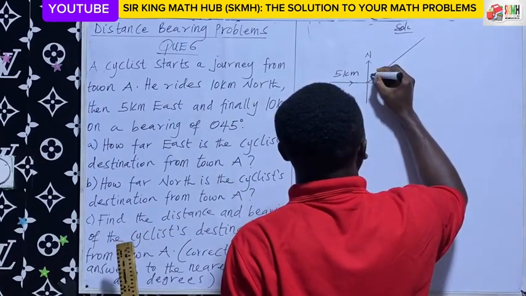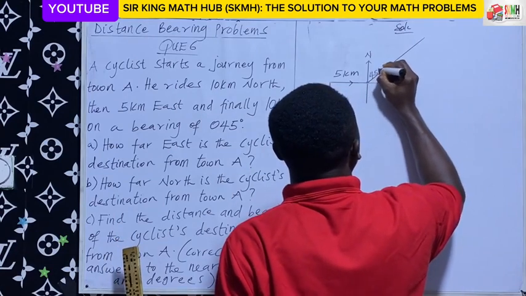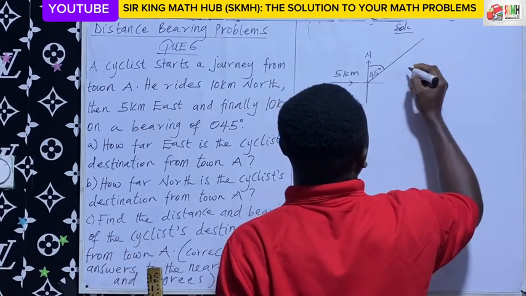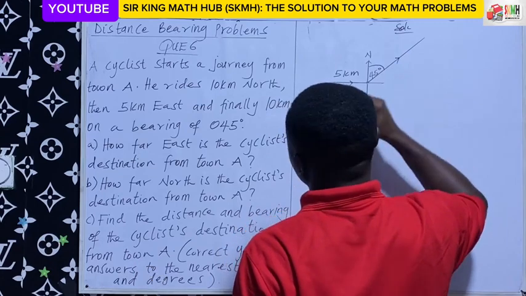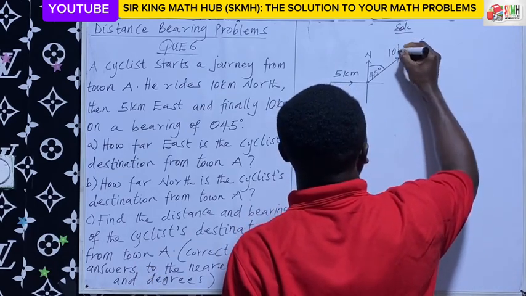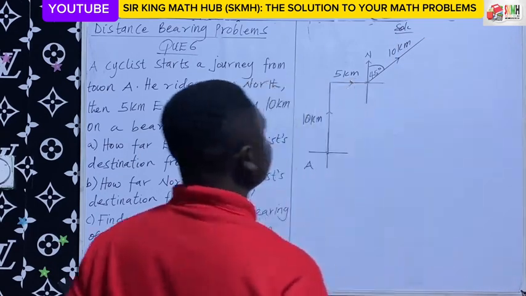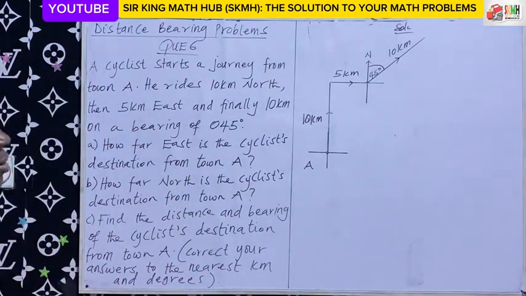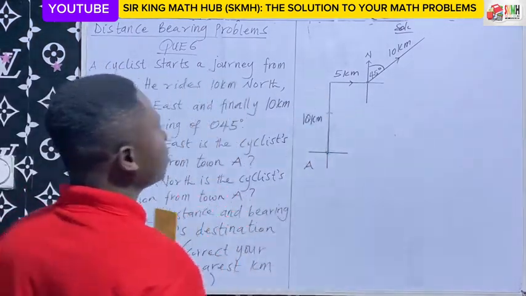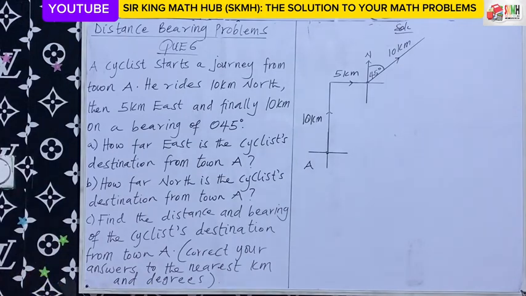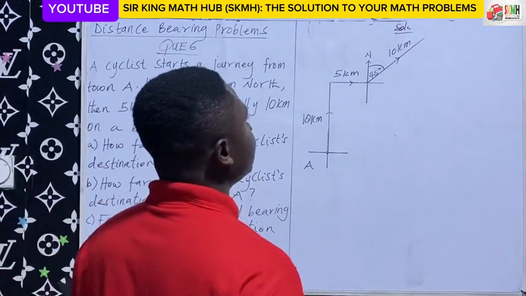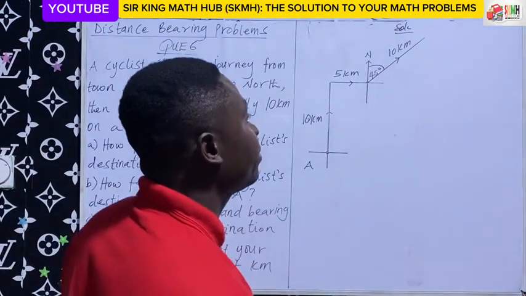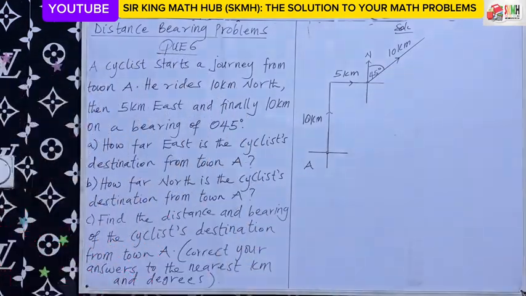So here is 45 degrees in this direction at a distance of 10 kilometers. So as you can see, from town A, you rode 10 kilometers north, and then 5 kilometers east, and then 10 kilometers on a bearing of 45 degrees. So that is what we have done.